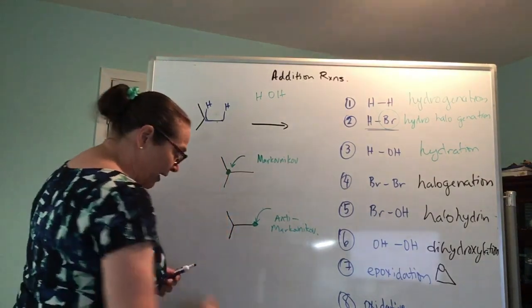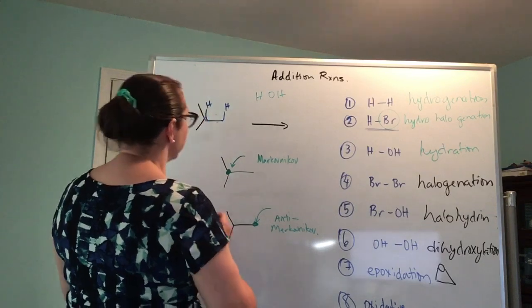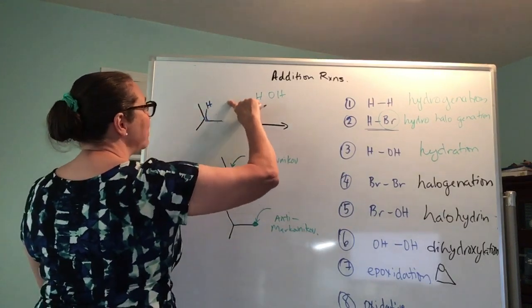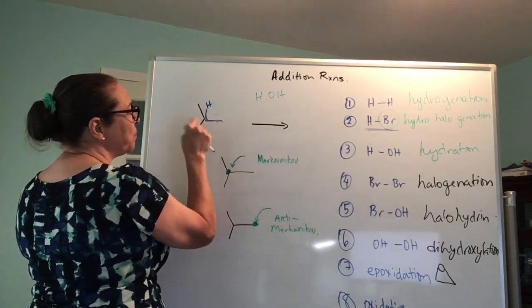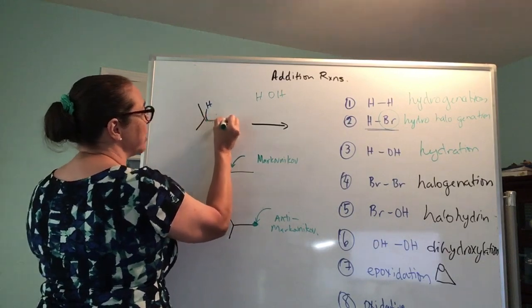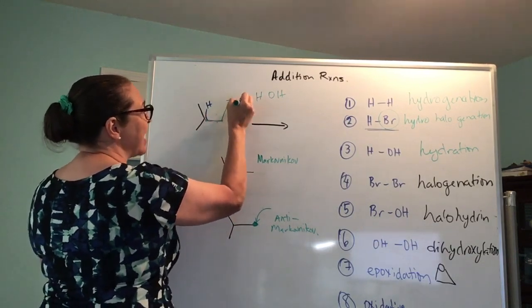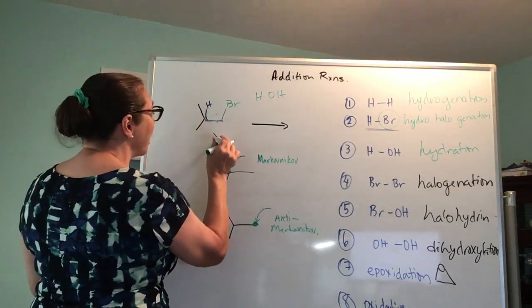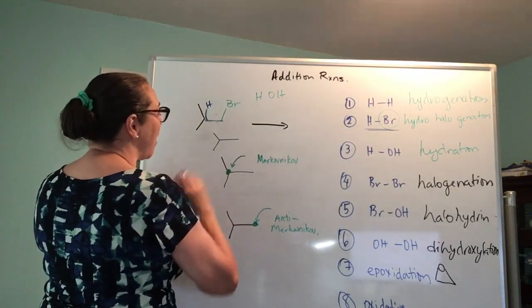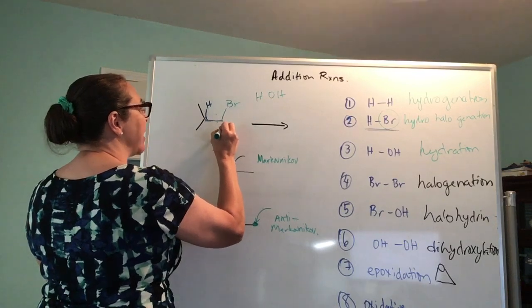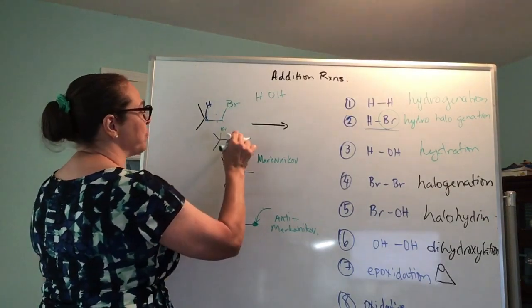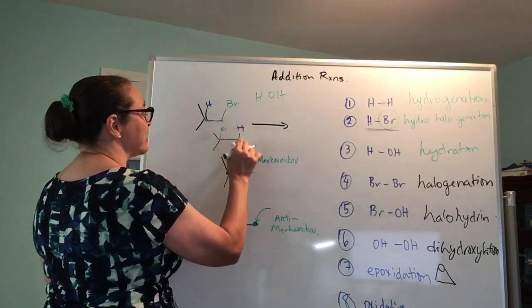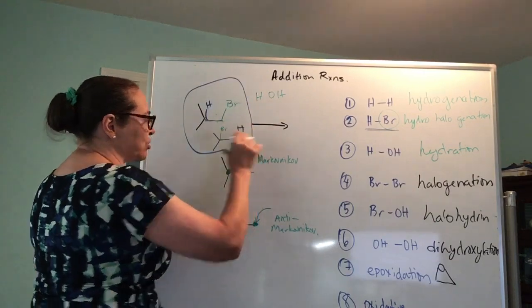I have a possibility, and I'm going to change color so that you can see the difference, where the hydrogen might be added to the position that is more substituted, and the bromine is added to the position that is less substituted. Or I could also have the option where the bromine is added to the more substituted position, and the hydrogen is added to the less substituted position.